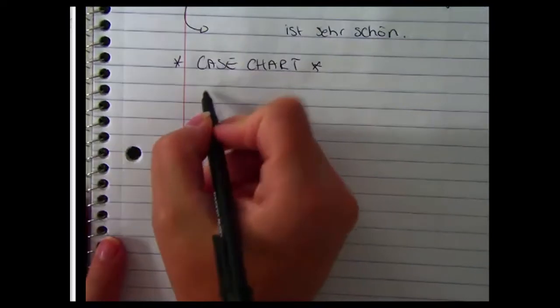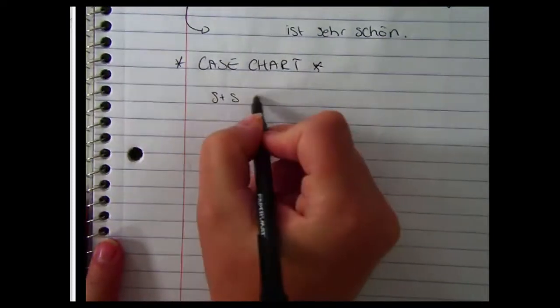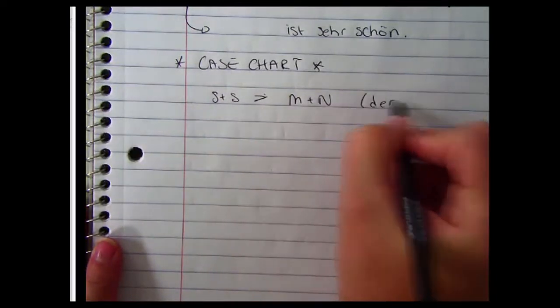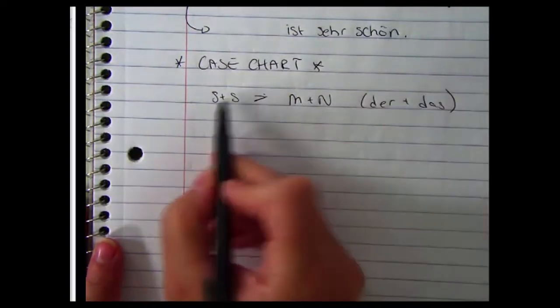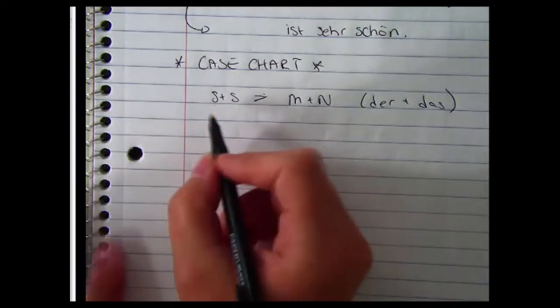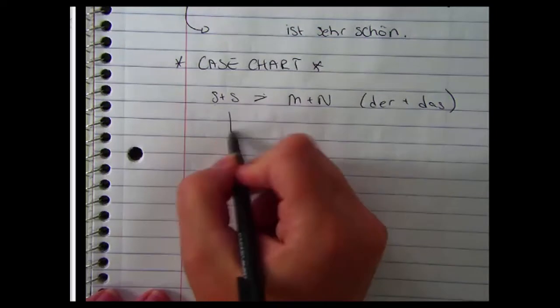Okay, on your case chart it says S plus S for 2 columns, and those were masculine and neuter things. So your der and das nouns. Both of those have the S plus S. Now, the rule is super strange. It is sort of an odd rule.